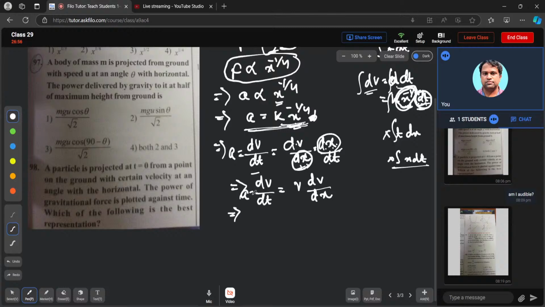This is your a basically. So what is a? A is k x to the power minus 1 by 4. So I'll write the value of dv by dt, a is k x to the power minus 1 by 4, equal to v dv by dx, right?